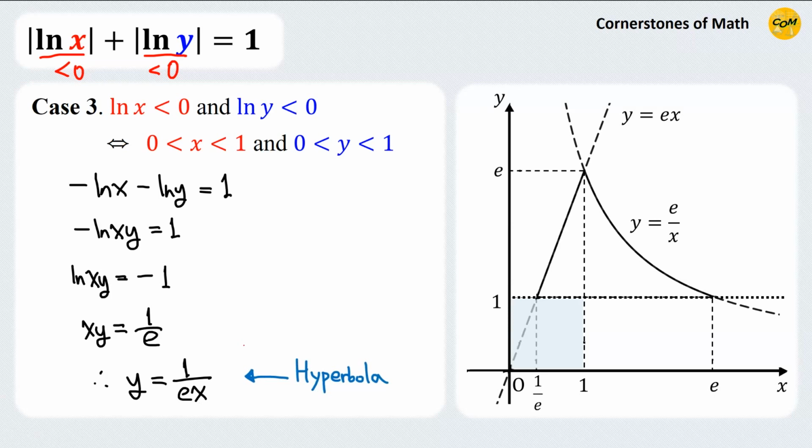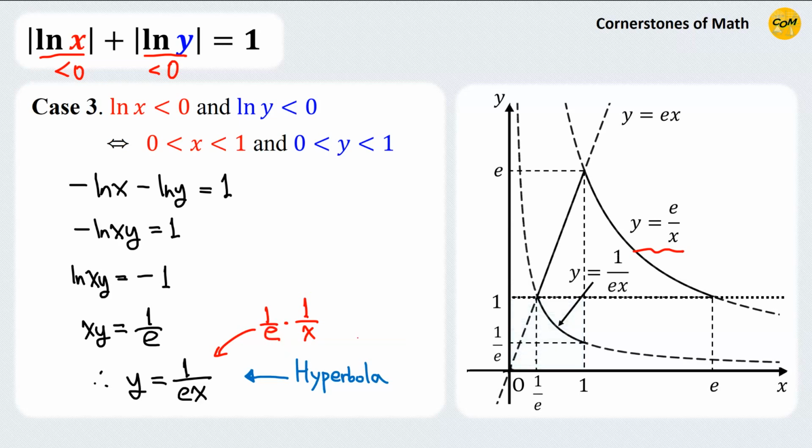This is another hyperbola, but compared to y equals e over x from the first case, 1 over x is now multiplied with a smaller number, which is 1 over e, so the hyperbola is closer to the origin. So we have this graph.